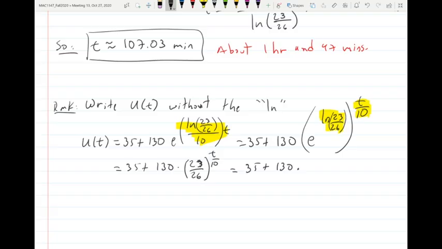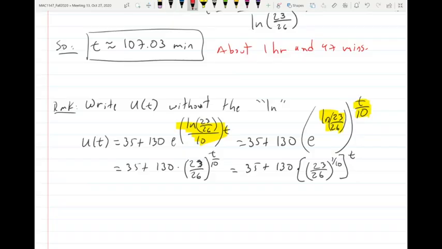So we can further rewrite this as 23 over 26 to the 1 over 10, and then to the t power. And then let's approximate that base: 23 divided by 26 to the power of 1 over 10, which is 0.1.